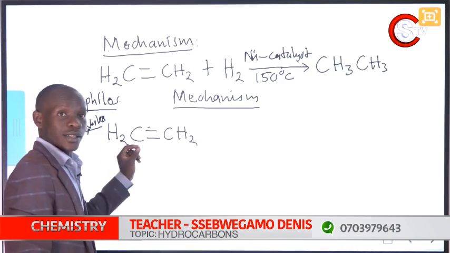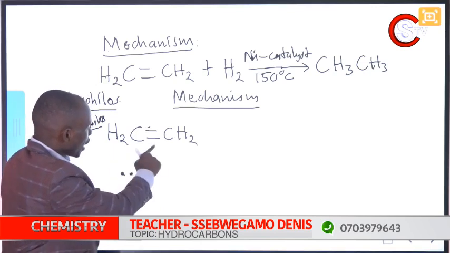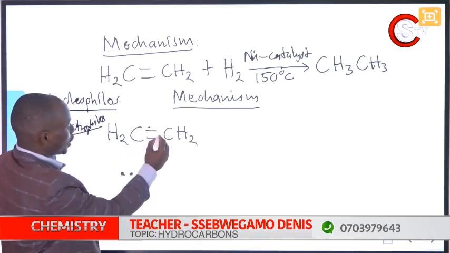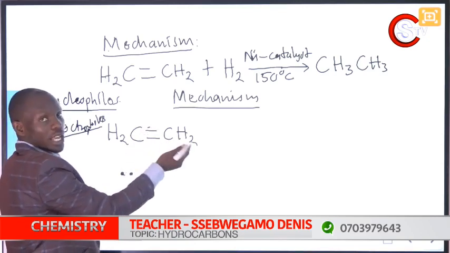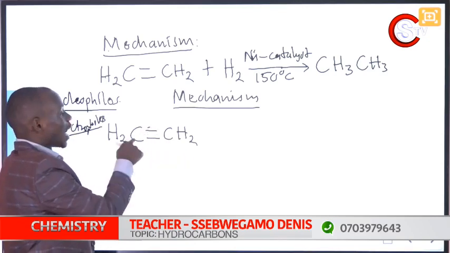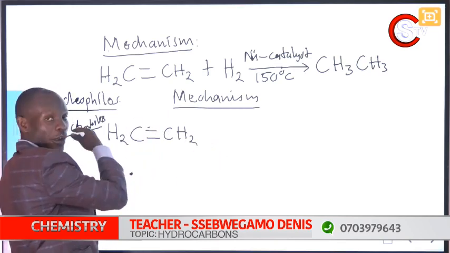So always nucleophiles attack electrophiles. For example, now if I have my ethene, we said ethene has a double bond, and because the bonds are formed due to sharing of electrons, the alkenes are electron rich. So they are nucleophiles.